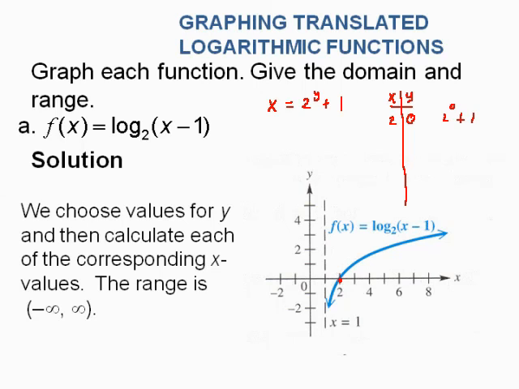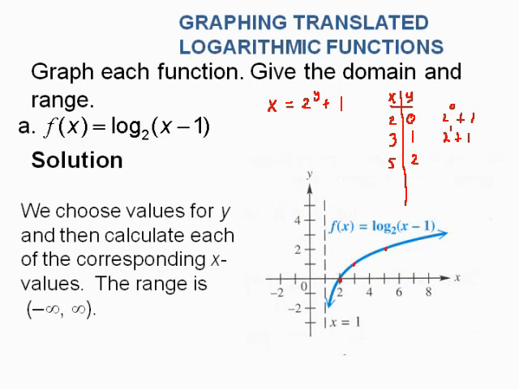See, so there is that shift of 1 unit. It usually goes through 1, 0. Here it shifted to 2, 0. If we put in 1 for y, we get 2 to the first power plus 1 will give us x, so we'll get 3. So notice 3, 1 here. We could put in 2 for y, get 5.